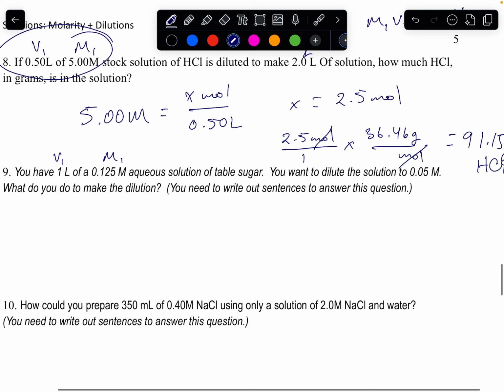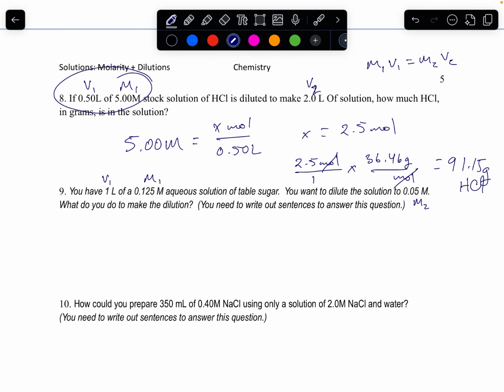I want to dilute this to make a 0.05 molar solution, so that's my M2. Essentially we need to figure out how many milliliters or liters we are going to add in order to get my concentration from 0.125 to 0.05.